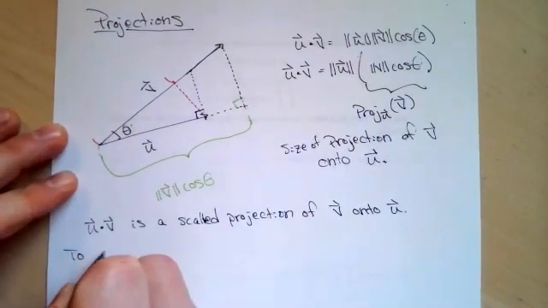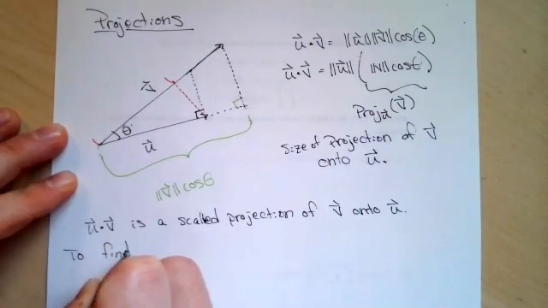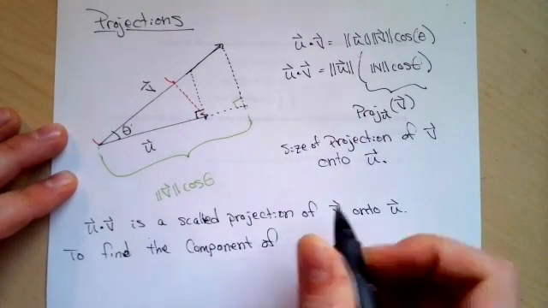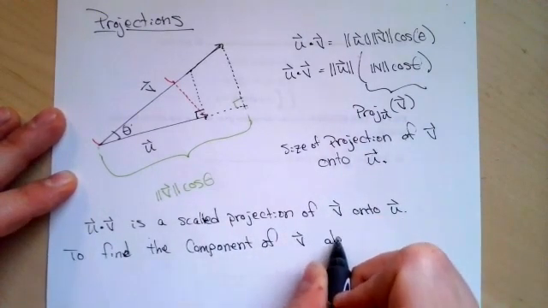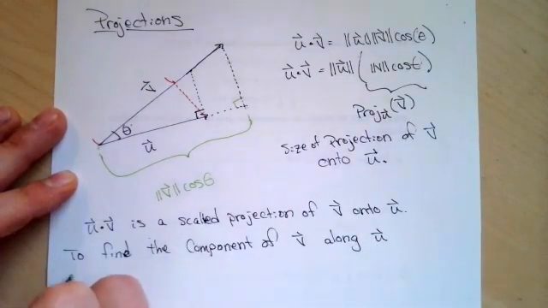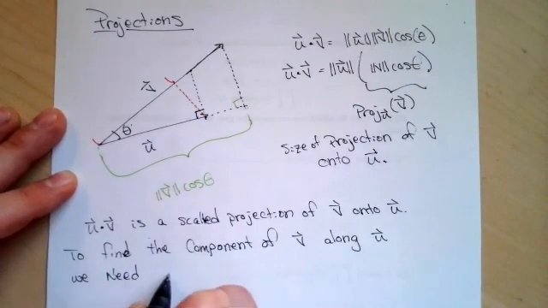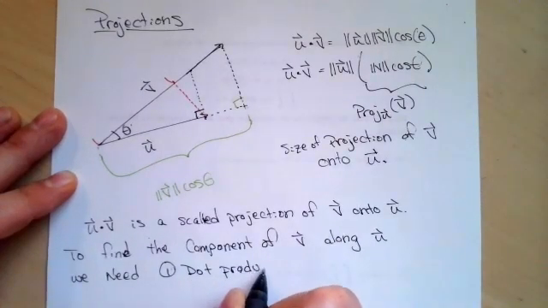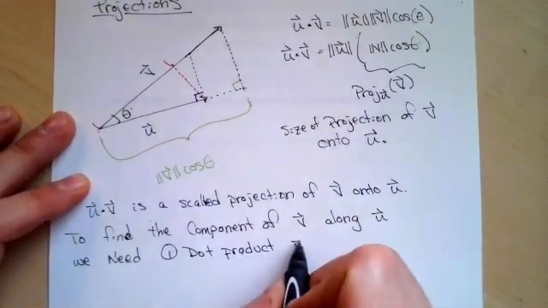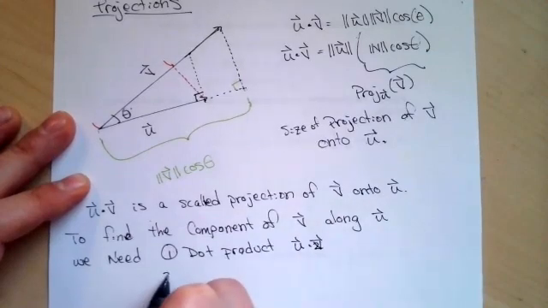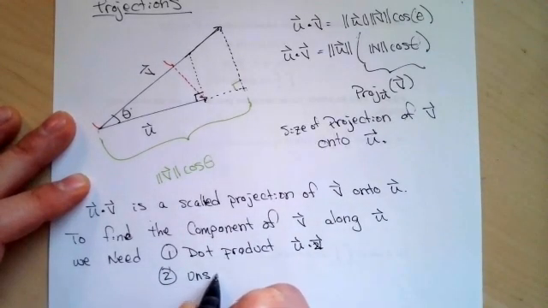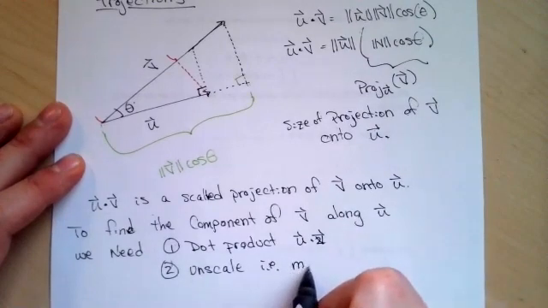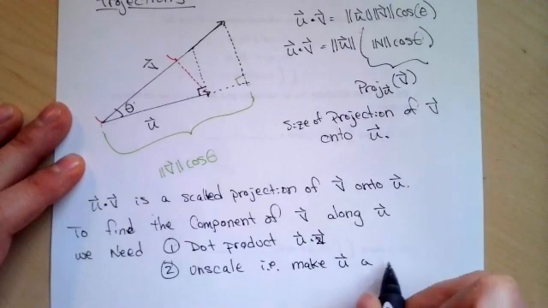So to find the component of v along u, we need, one, the dot product, so u dot v, and two, we need to unscale this, i.e. make u a unit vector.